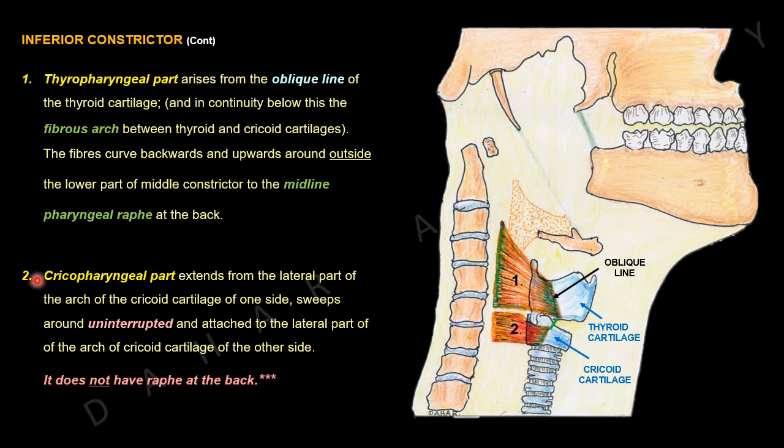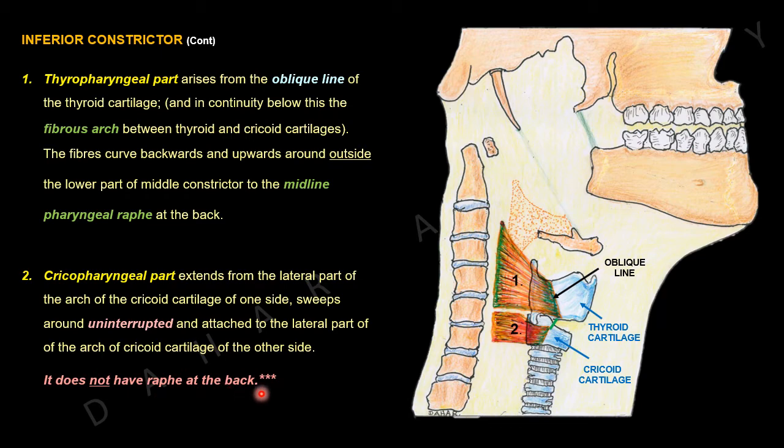The cricopharyngeal part extends from the lateral part of the arch of the cricoid cartilage of one side, sweeps around uninterrupted and attaches to the lateral part of the arch of the cricoid cartilage of the other side. It does not have a raphe at the back.